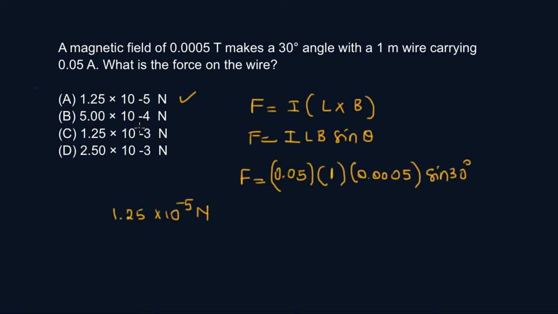How else can you solve this problem wrong? Yeah, I can't really see any other way. So I really don't see how else you can get this one wrong, because some people can forget to put the sine of 30 degrees.